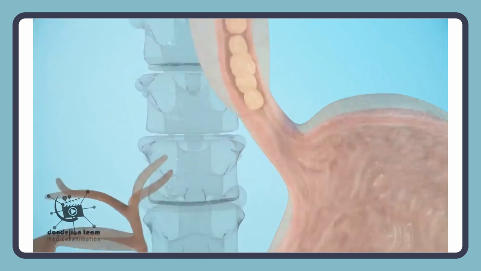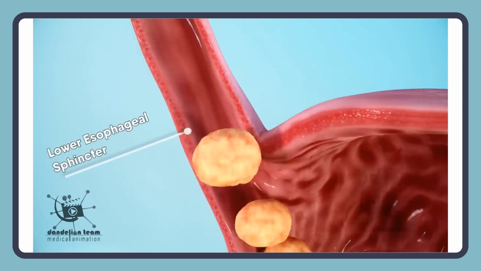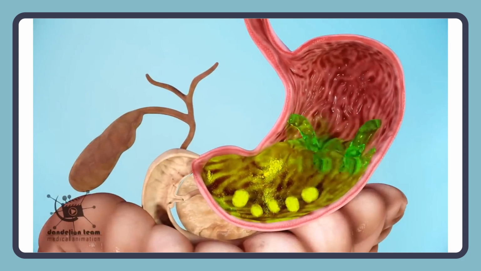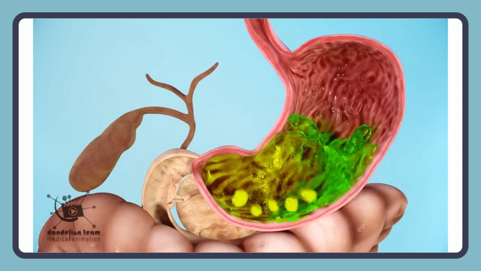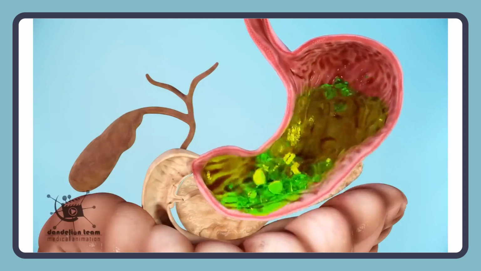A ring-like muscle called the lower esophageal sphincter relaxes and lets food pass into the stomach. The stomach produces enzymes and acids, and stomach muscles mix food and liquid with digestive juices.